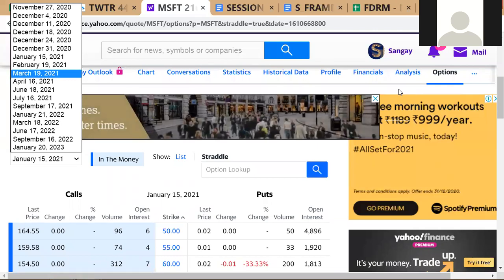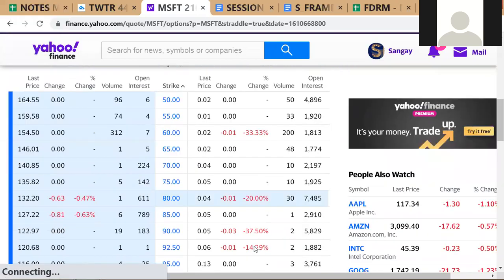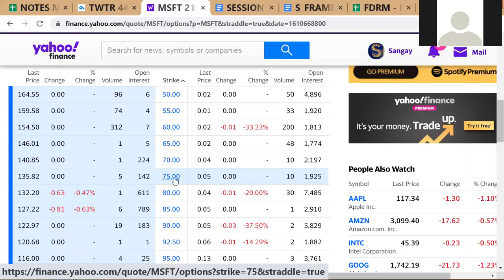I just want to check your understanding of it. You're correct in saying that when you go for longer term options, the premium for a given strike goes up. Like if you look at a given strike of, let's say 75, and you look at the prices of the 75 calls on Microsoft for different maturities, Vipul is correct.